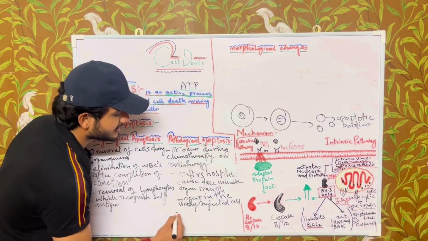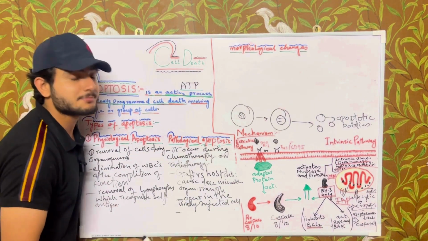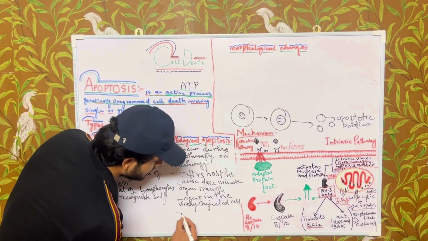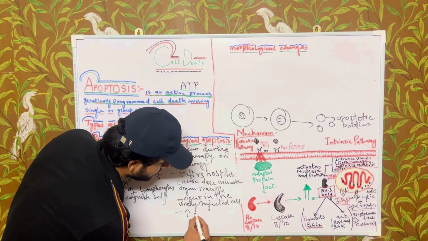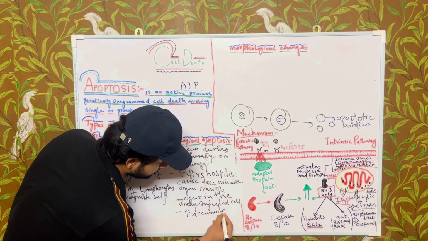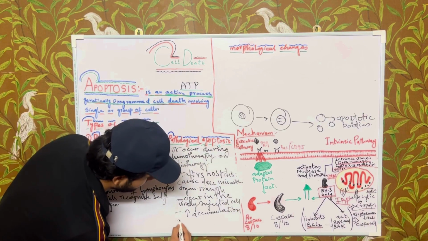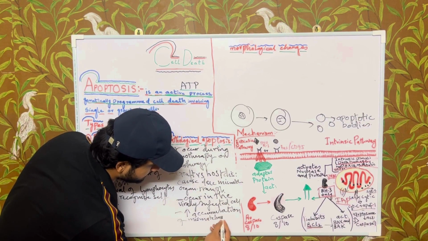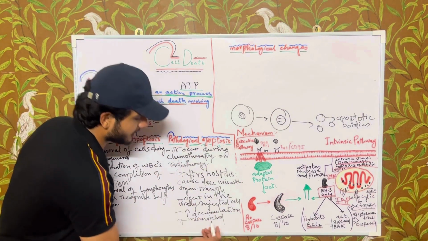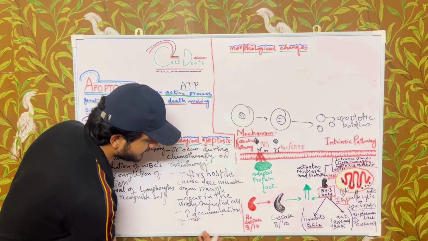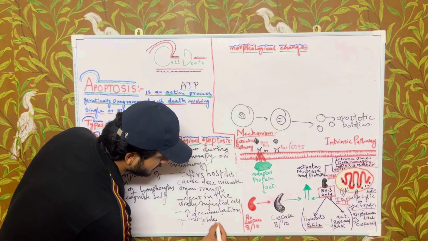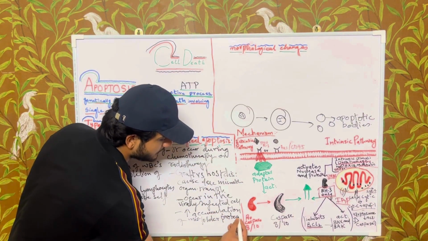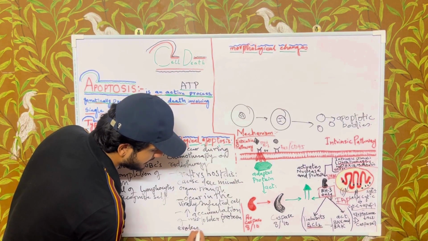Now let's talk about the last example. Due to the increased accumulation of misfolded protein, the misfolded protein elicits apoptosis.